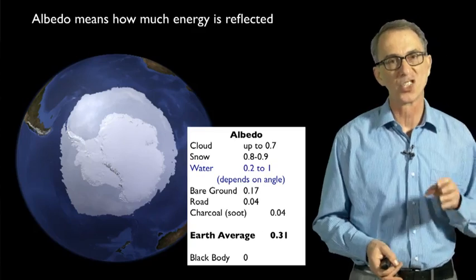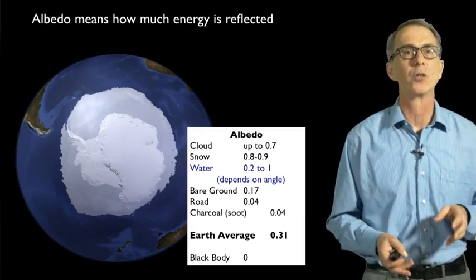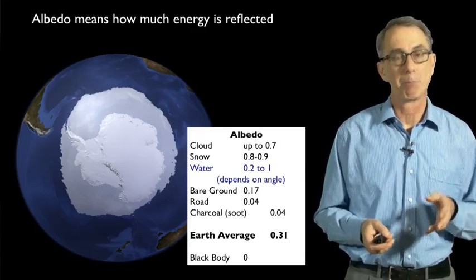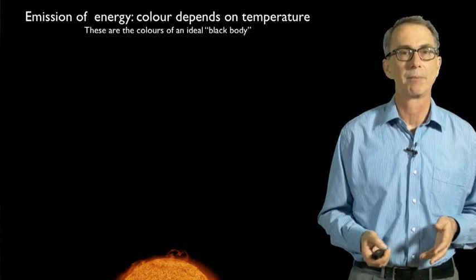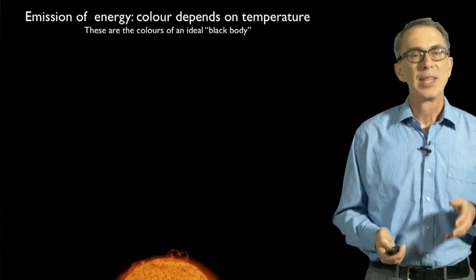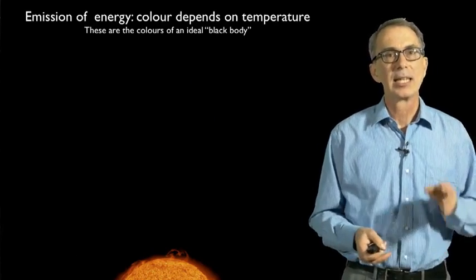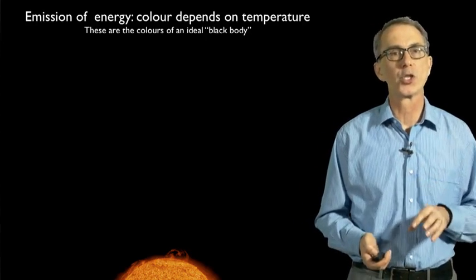In other words, about 70% of the sunlight received on the surface of the Earth is absorbed, and about 31% is reflected. Now, the energy in the sunlight depends on the temperature of the source.